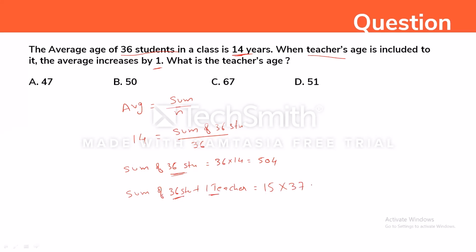What is 15 into 37? Which equals 555. Now if you observe these two values, the sum of 36 students is 504, and the sum of 37 members is 555. The 37th member is the teacher. If I subtract 555 minus 504, I get the teacher's age, which equals 51.